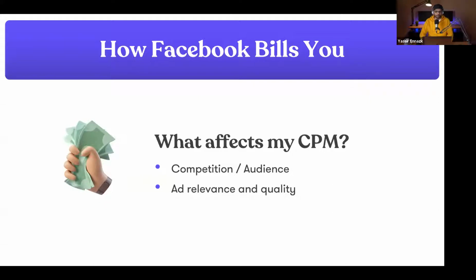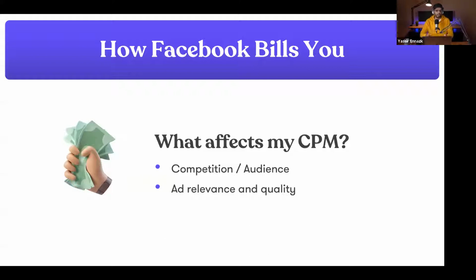The ad relevance and quality of the ad also play a good role in the cost per impression. The ad relevance is how good a match your ad is for the audience that you are targeting. For example, if you have wrong targeting and people are not clicking your ad, then Facebook will punish your ad by giving it a higher CPM, because you're not providing a good user experience for the Facebook user.